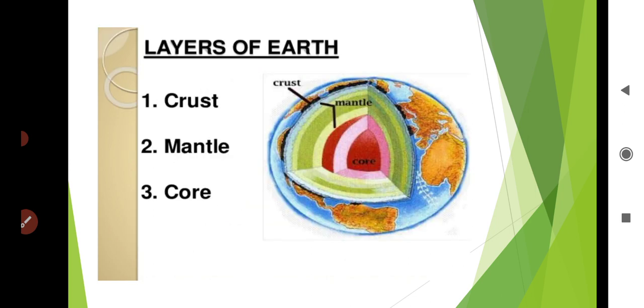Now we will see the crust, mantle and core. As all of you know, the interior of the earth is not composed of homogeneous material. Its density increases gradually towards the center.